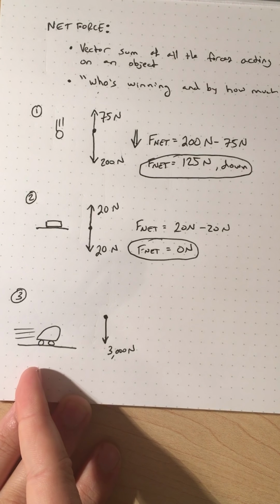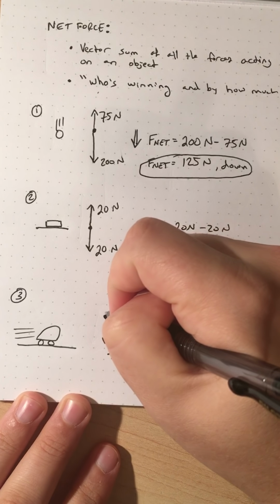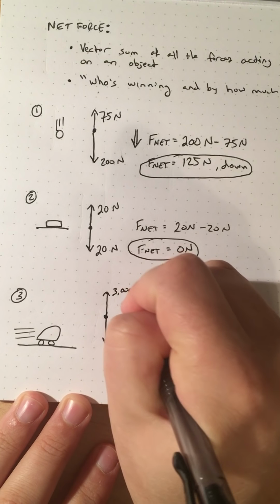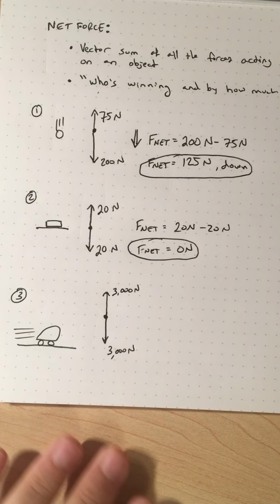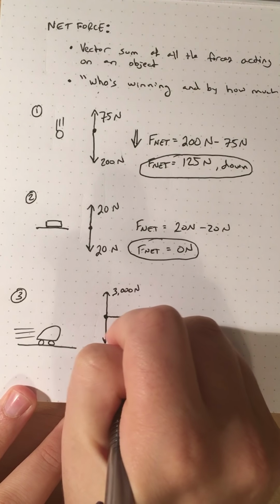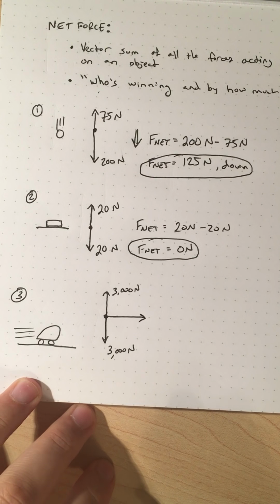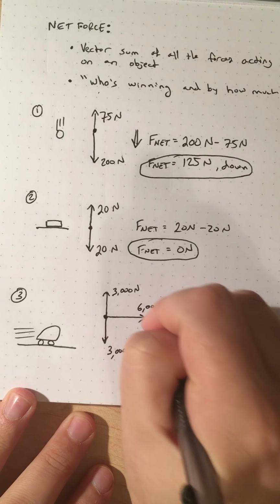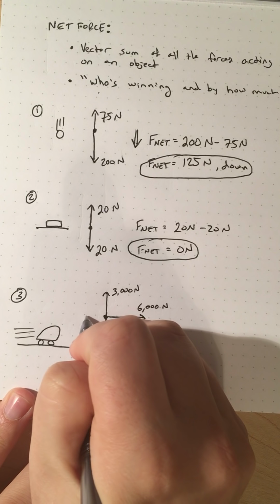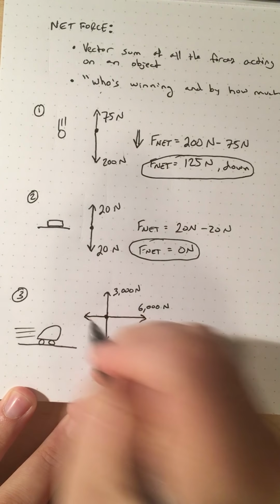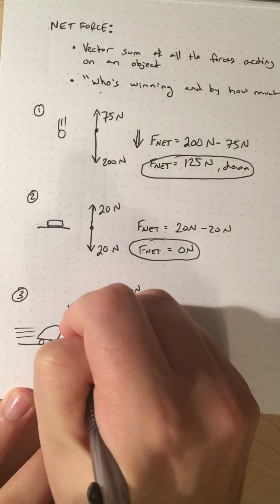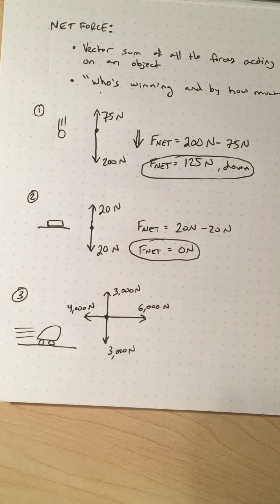But this car is not going down, right? So the road has to be pushing it back up with that same force of 3,000 newtons. And then I'm going to say that the engine is pushing this car forward with a force of, let's say, 6,000 newtons. And there's some friction acting on the car going backwards, and I'm going to say that that is 4,000 newtons. And the question is, what's the net force?